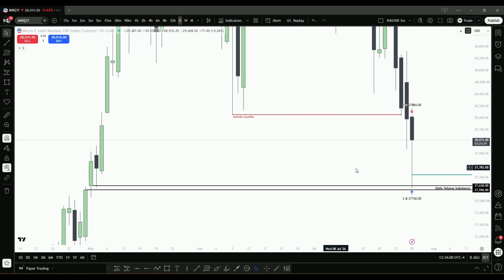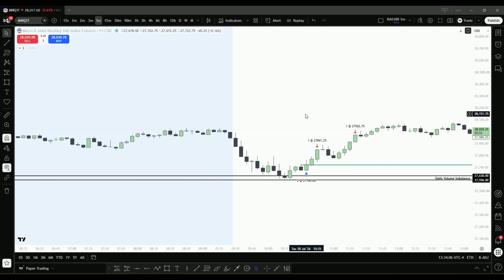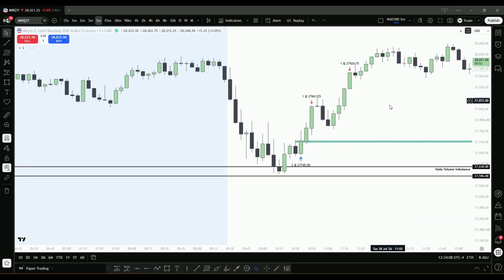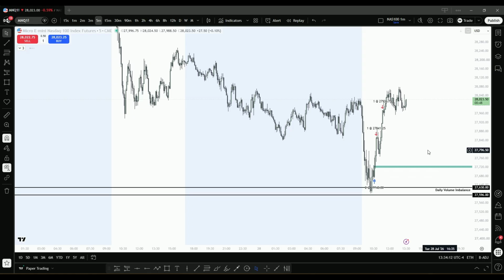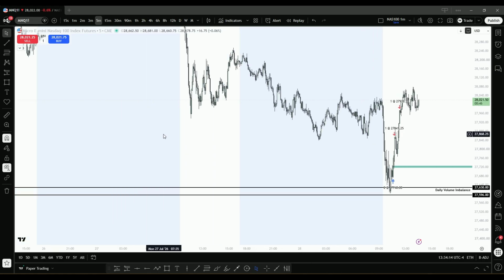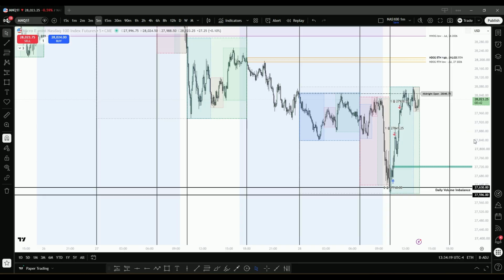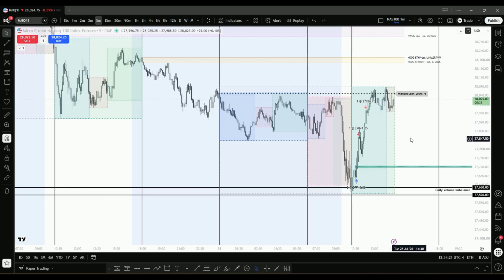Now after we did that, let's drop to a 5-minute chart first and put the indicator that I gave you last time on the chart, like this, so you can see how the magic unfolds.